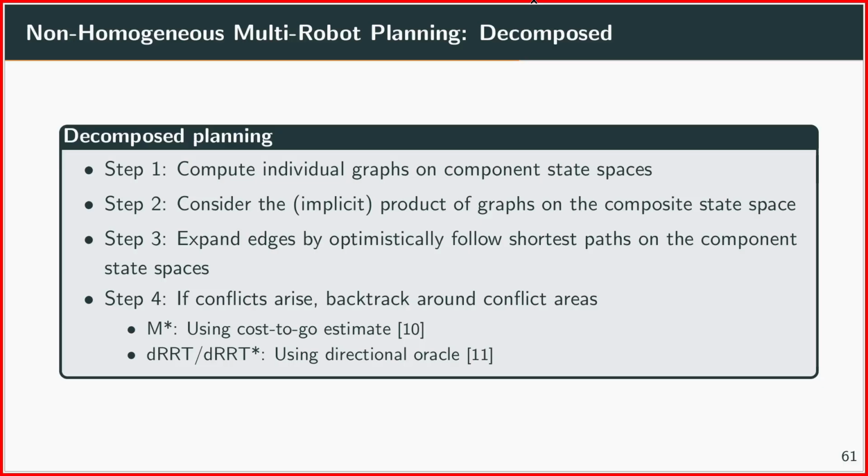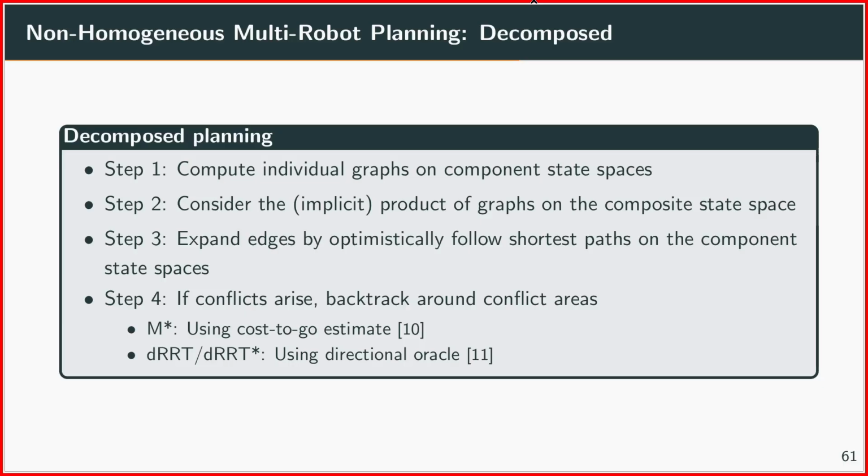And this is very similar to conflict-based search, because then in step 4, only if a conflict arises, you try to do something about it. And in this case, you backtrack around conflict areas. And depending on how you actually backtrack around conflict areas, we have 2 big approaches to decompose planning. One is M star. It's using a cost-to-go estimate to backtrack. And then we have DRRT and DRRT star, and they're using something which is called a directional oracle to backtrack around conflict areas.